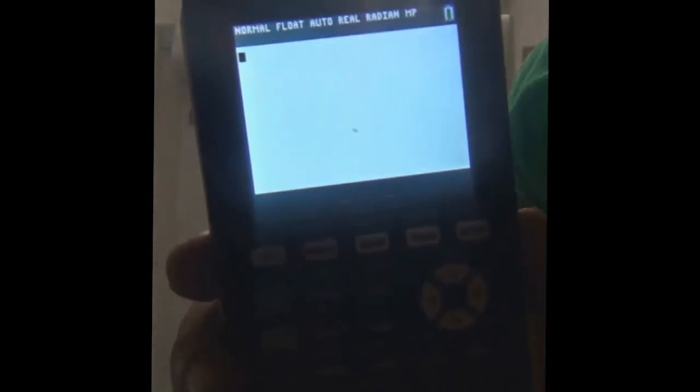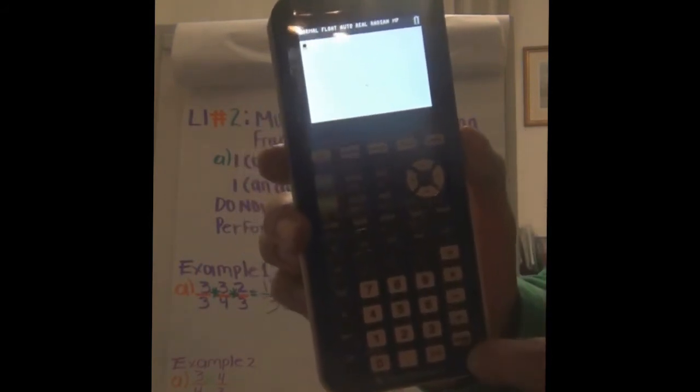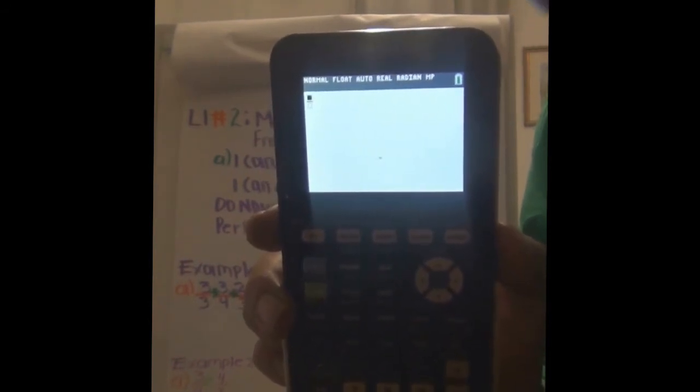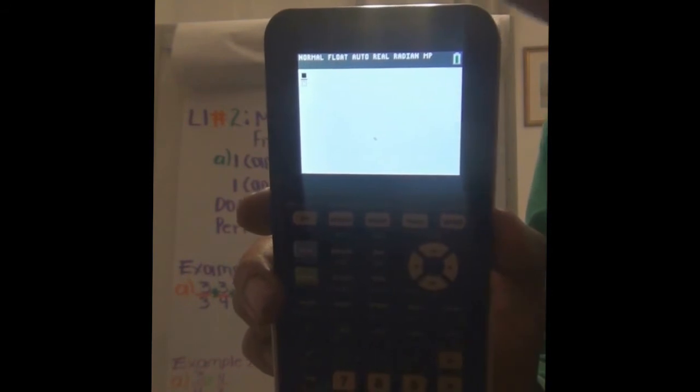Let me see if I can do that. What I did was I pressed on this calculator, the TI-84 Plus CE, I pressed alpha, y equals. And that gave me a fraction. I don't know if you could see it. And then I put 126 over 8.